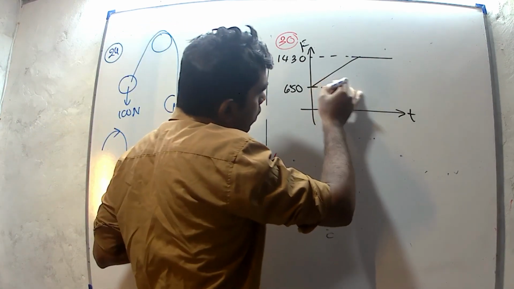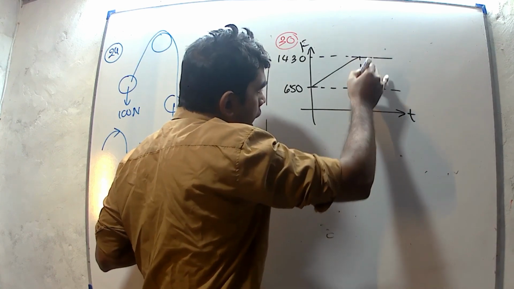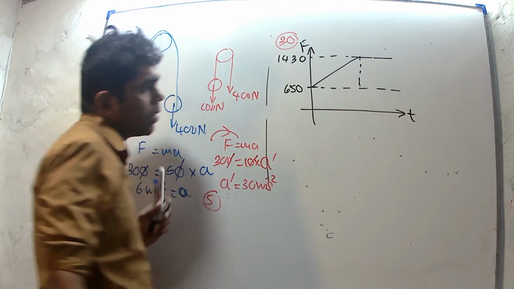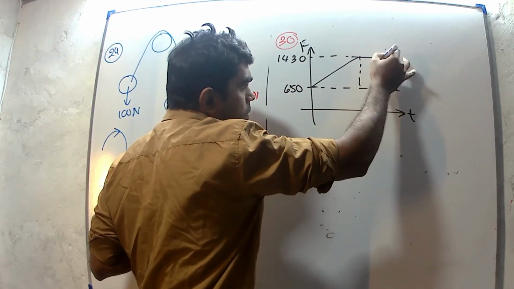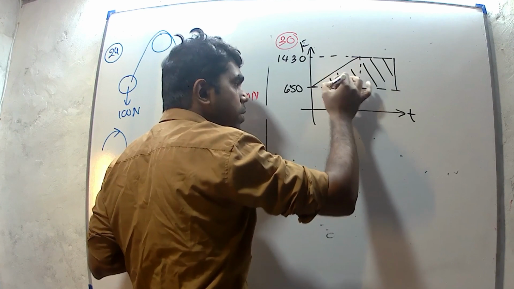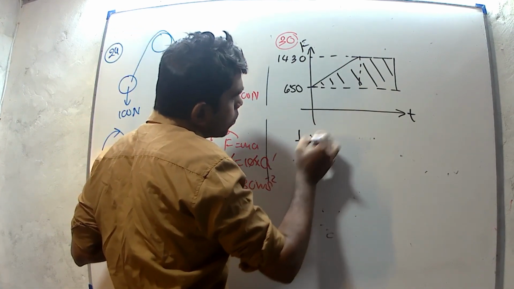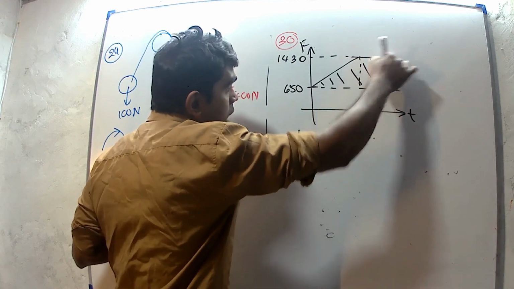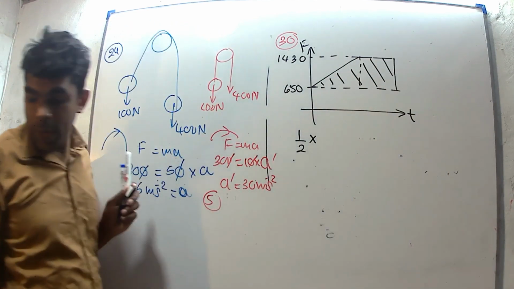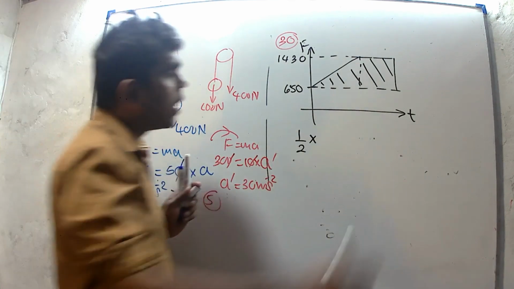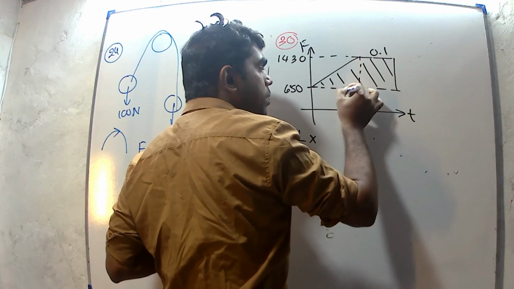Therefore, we can get the resultant force-time product by the area of this part. Half into the sum of parallel sides. This side is 0.4 and this side is 0.1.